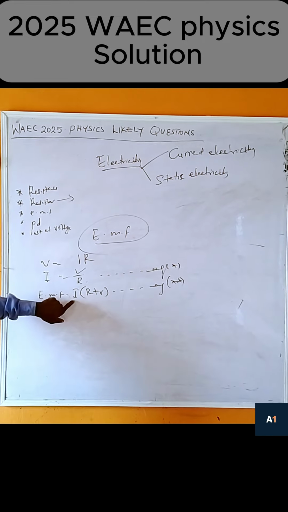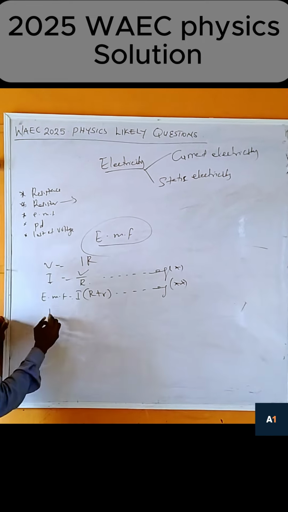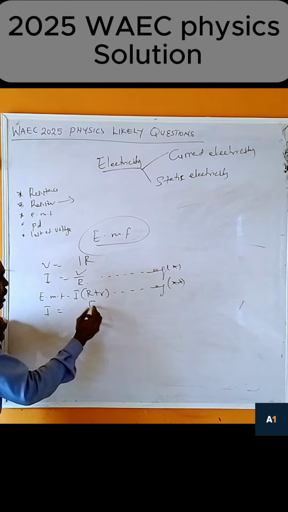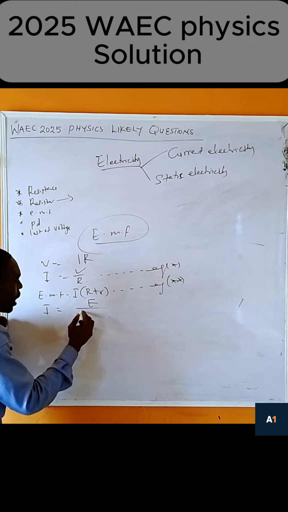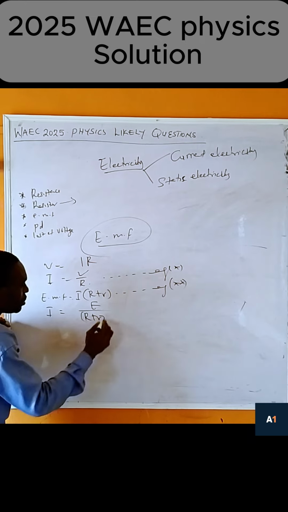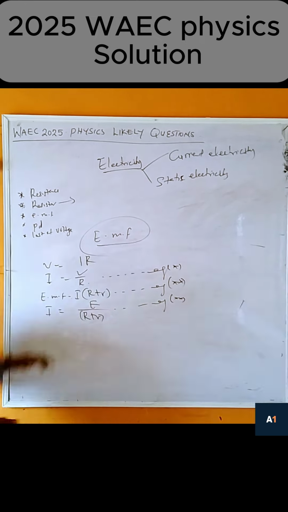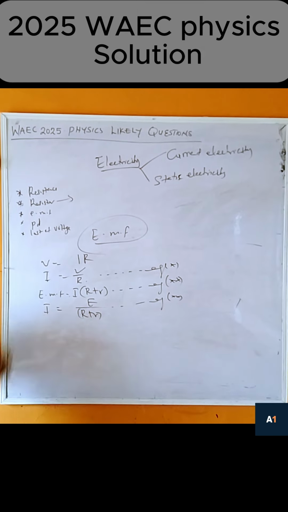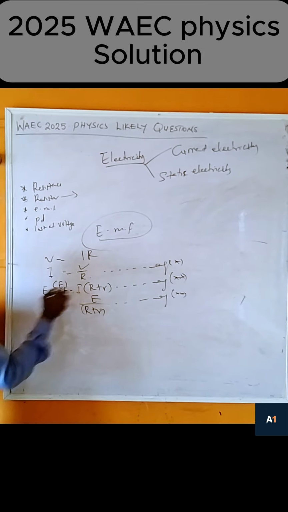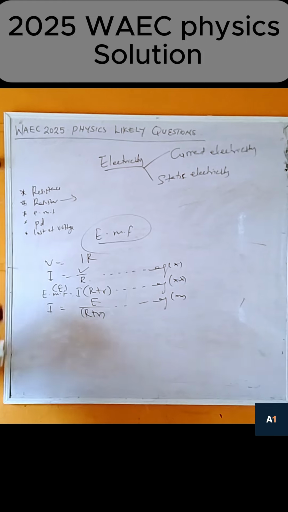Now we can modify this one. We can say I equal to E over R plus r. Equation star. What I mean is you divide both sides by R plus r to get this one, which is equal to E. Now I believe that one is clear to you.